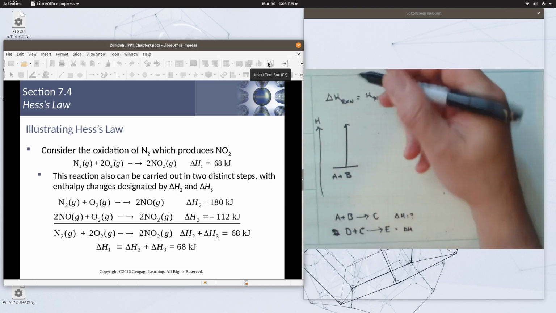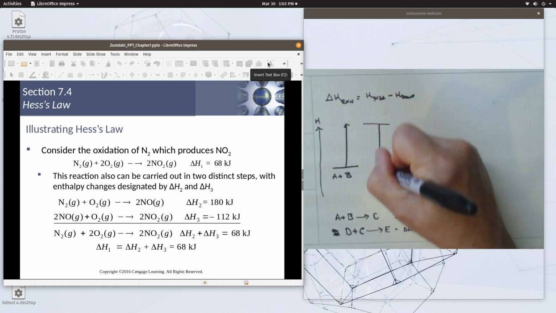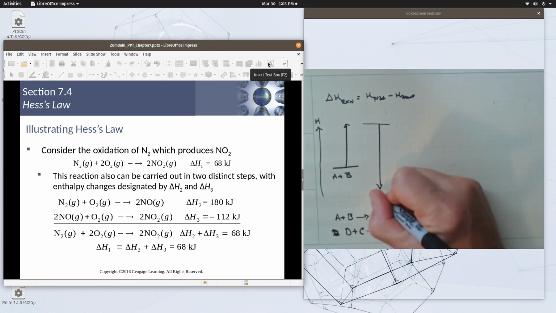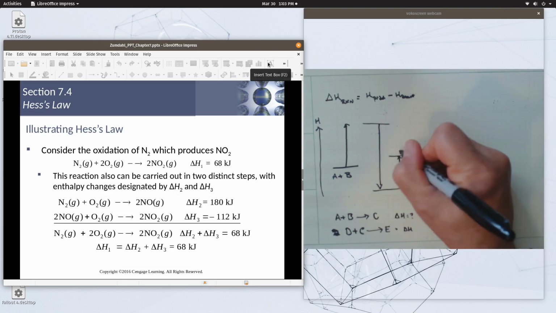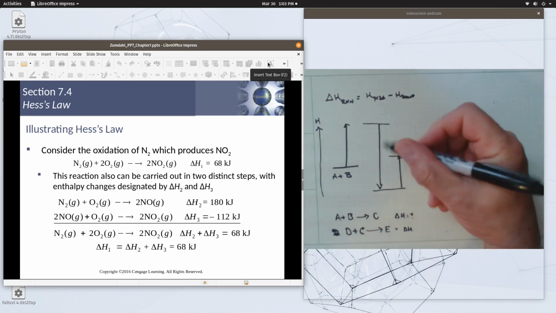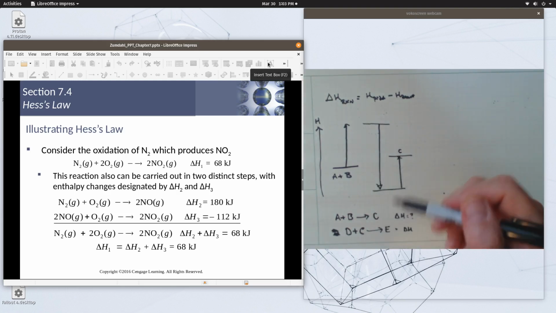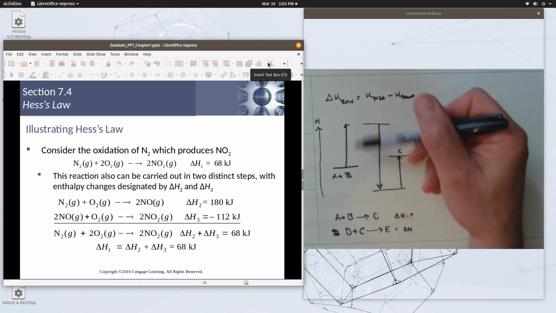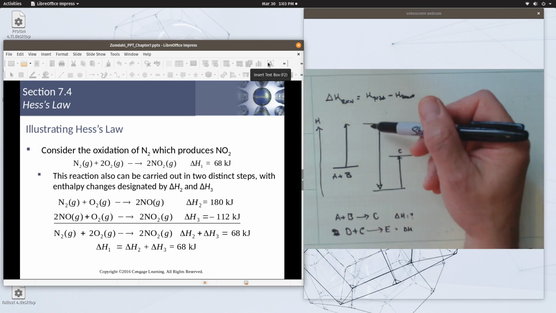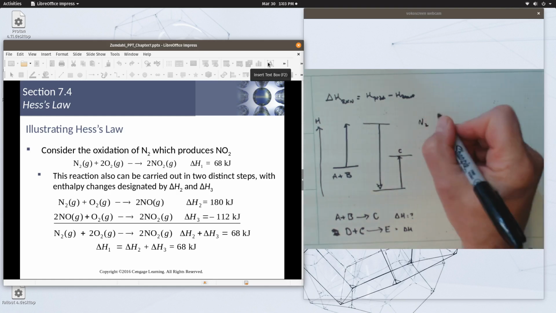But maybe what I know is something where I create something and I have a series of intermediate steps, and I finally get to C. These are all intermediate steps that may or may not exist. So it's like, for example, if I was looking at this reaction over here of N2 in the gas phase.